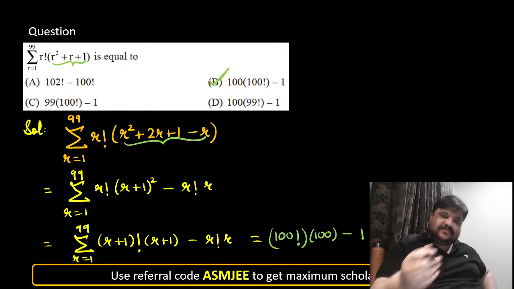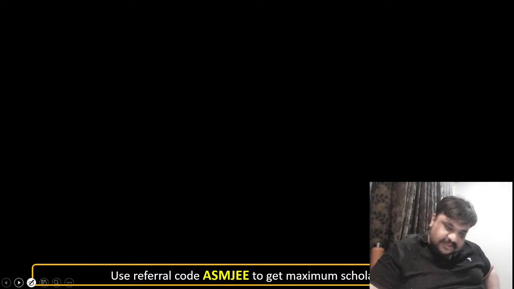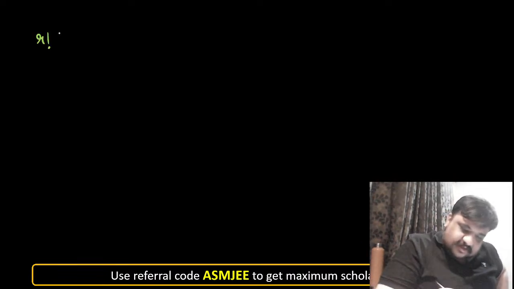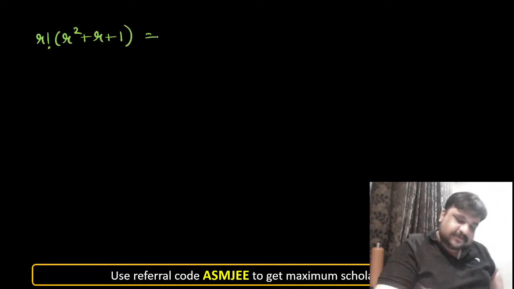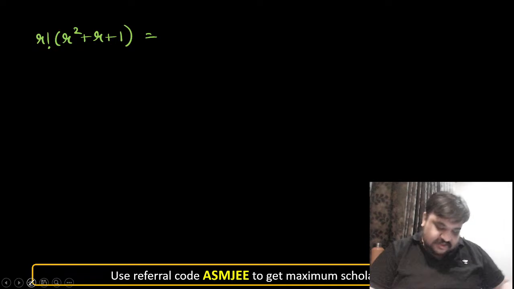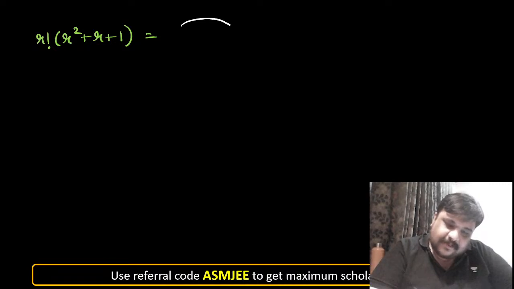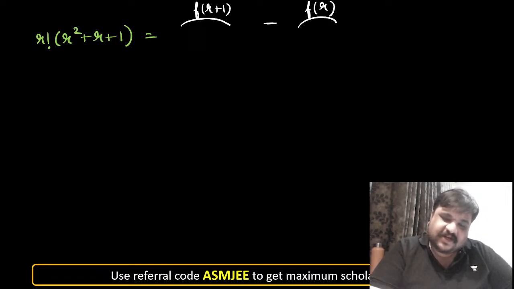Actually, you could have found out methodically also what to do. Let me show you on the next page. Look at this. This is the term. You just need some common sense. So here you want to find two functions, one is f of r plus 1, another is f of r, such that their difference becomes this.